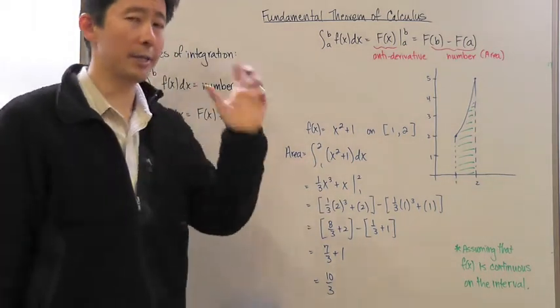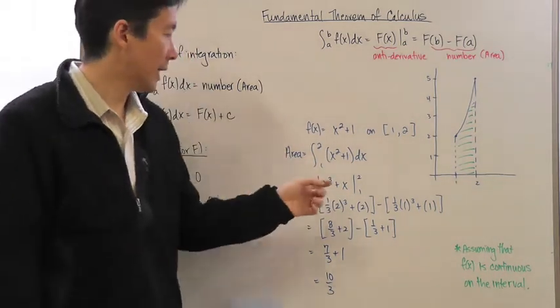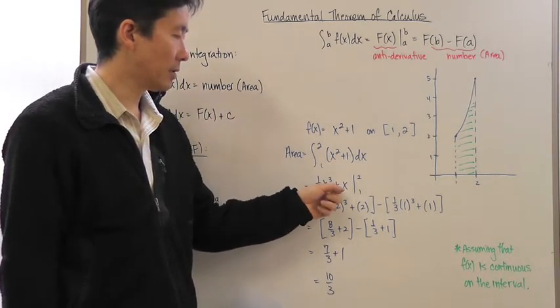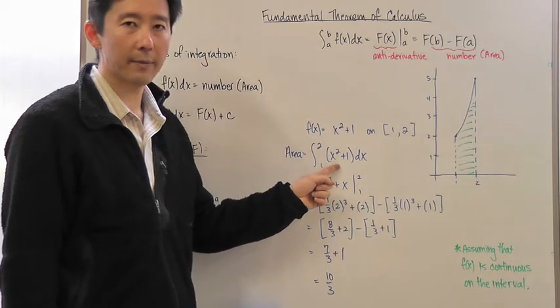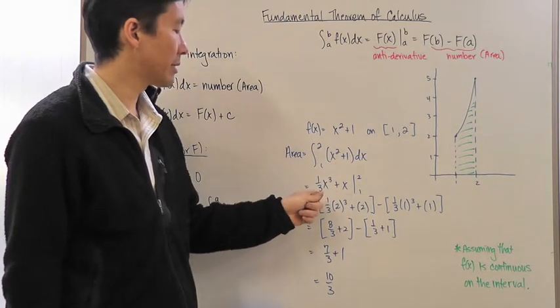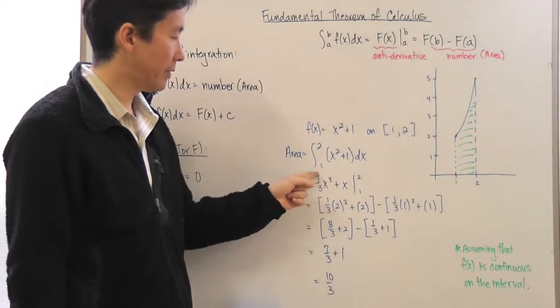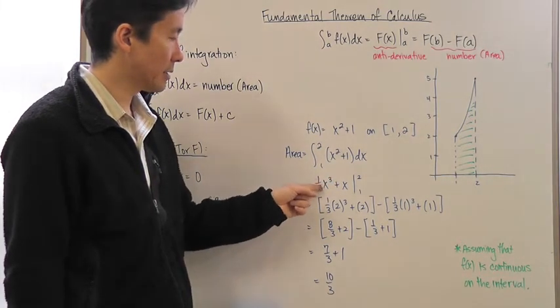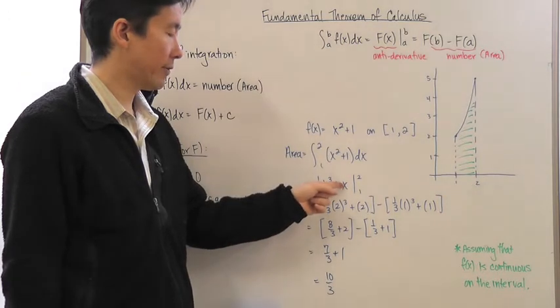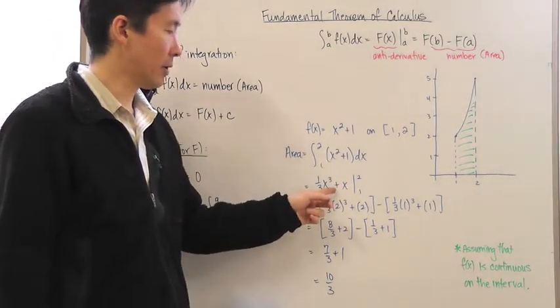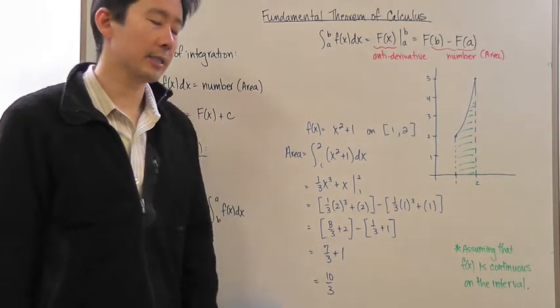Now let's check to make sure that this really is the antiderivative; if I take the derivative of this, I'd better come out with that. The derivative of 1/3 x to the third is 3 times 1/3, which cancels, giving x squared, and the derivative of x is 1. So I know that this antiderivative is correct.